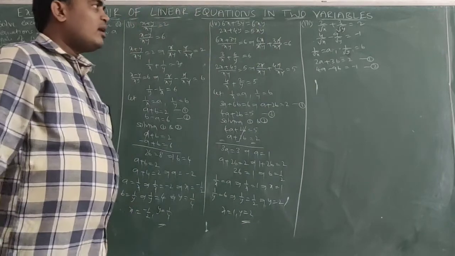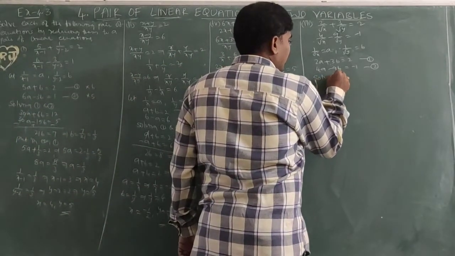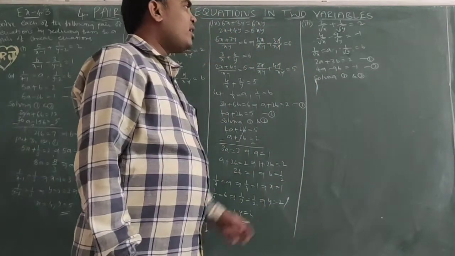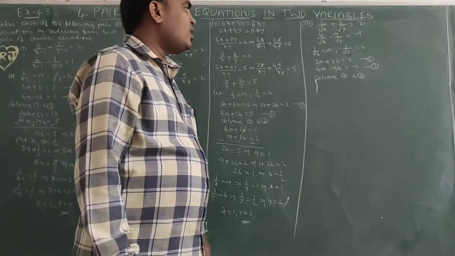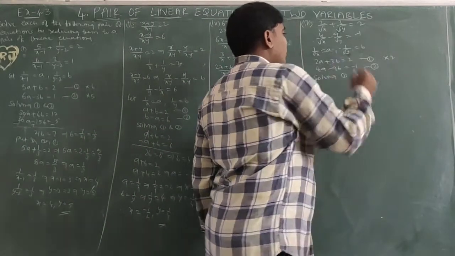So we need to solve 1 and 2. To solve them, make the a coefficients equal or the b coefficients equal. This is 2, this is 4. If we multiply this by 2, we will get 4.